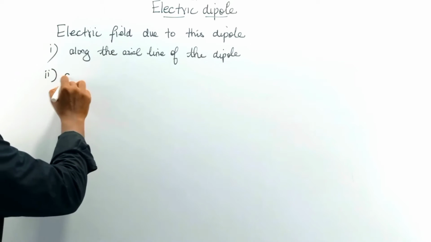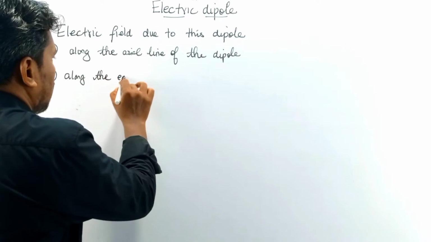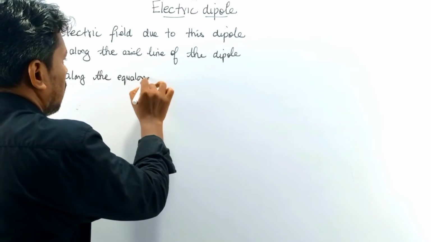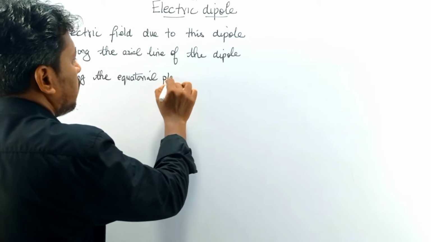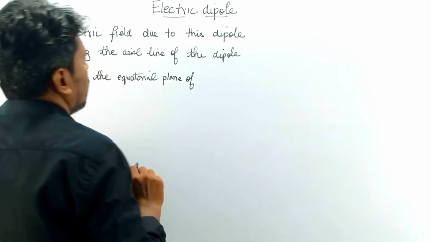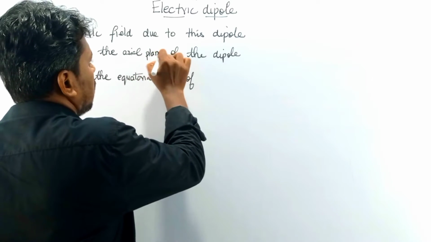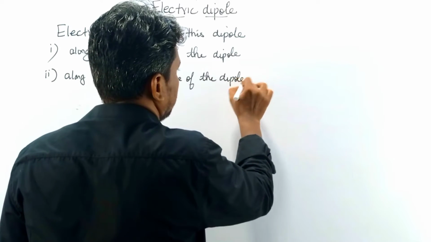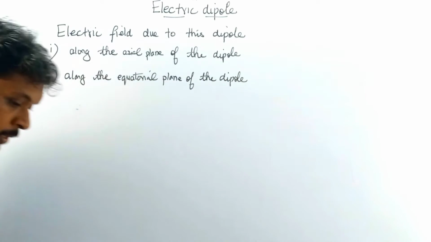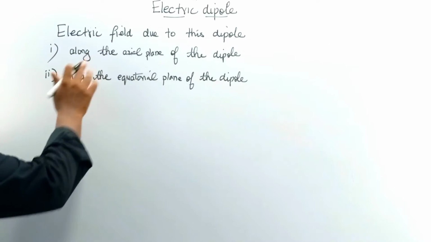Second case, along the equatorial plane of the dipole. We will see each individually. We will see the electric field in both cases individually.